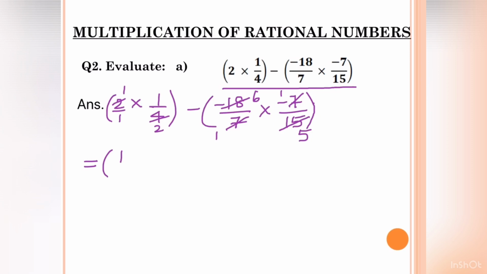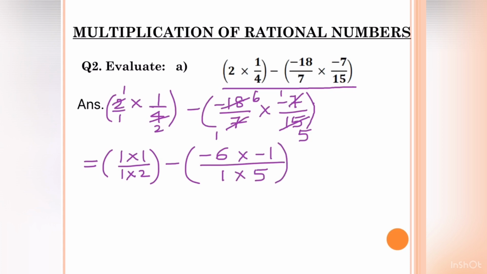we have 1 times 1 in the numerator and 1 times 2 in the denominator, minus, in the second bracket we have minus 6 times minus 1 in the numerator and 1 times 5 in the denominator.